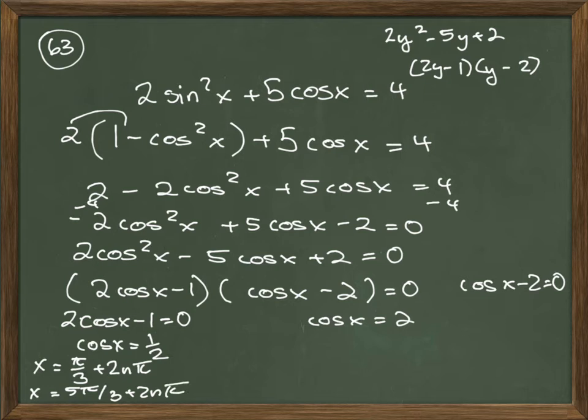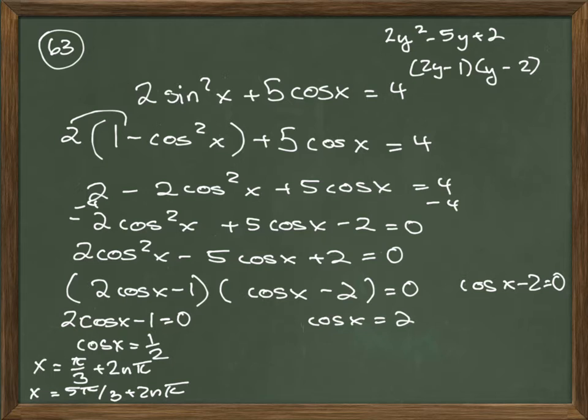How about cosine x equals 2? For which angle is the cosine function equal to 2? You can use your calculator, inverse cosine of 2. What do you get? I hope you get nothing. The inverse cannot be larger than 1.